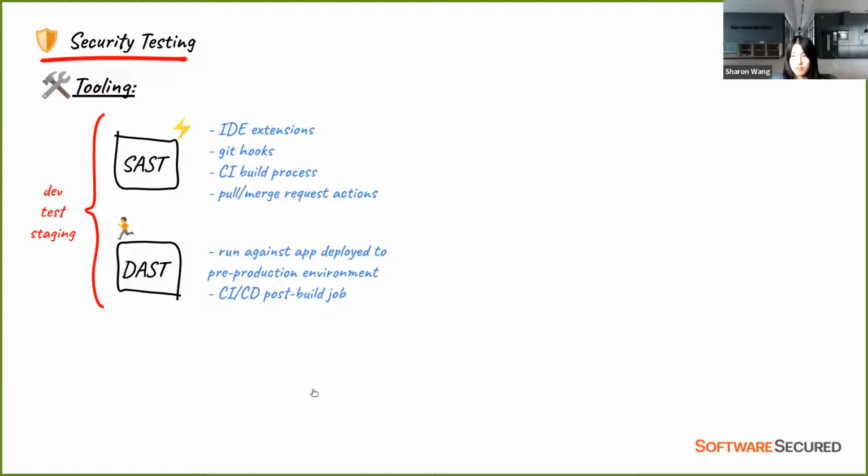Mm-hmm. So what we do need is to run the app or deploy it somewhere in a pre-production environment, and we could put it in a CI/CD job as well. What DAST would do is try to submit malicious payloads or just insecure payloads in general, and try to determine, based on response codes and response sizes, whether the application could be vulnerable to that or not.